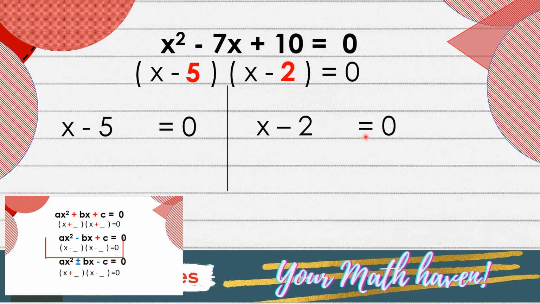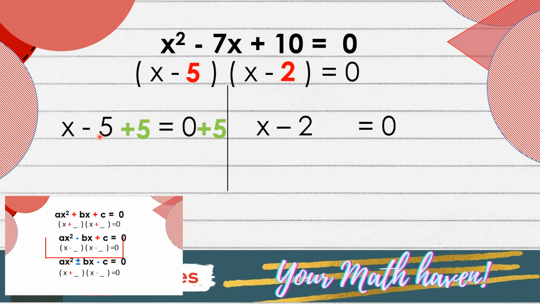Now remember, to solve for the value of x, we need to move negative 5 to the other side. To do that, we are going to make negative 5 on this side be equal to 0, and we do that by adding both sides by positive 5.